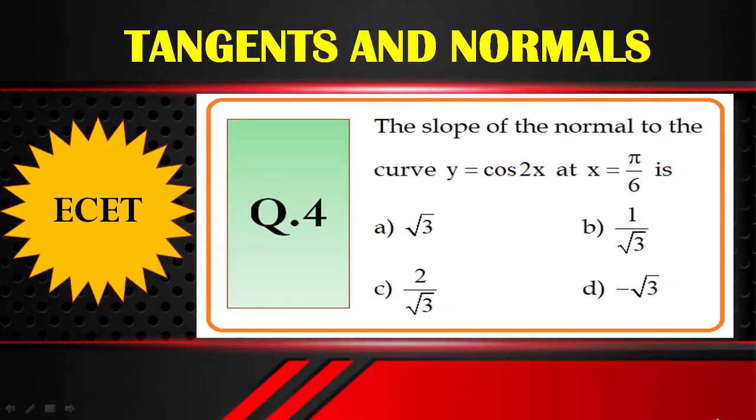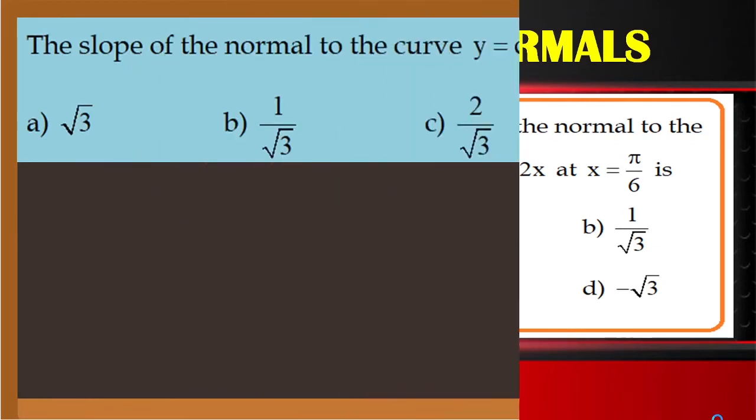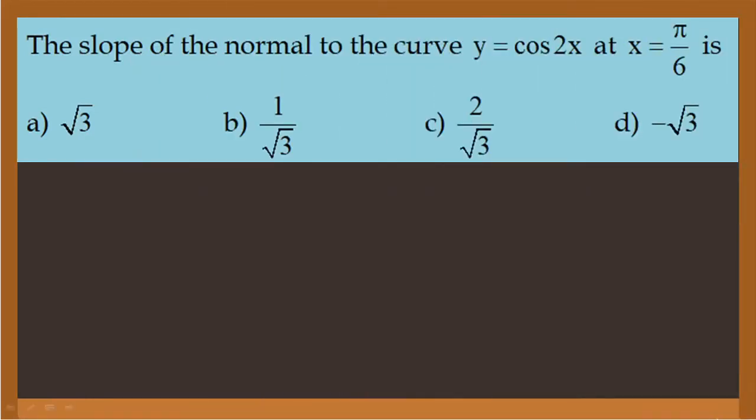Dear students, see the question number 4. Read the question and write it. The question is, the slope of the normal to the curve y is equal to cos 2x at x equals pi by 6 is, options are root 3, 1 by root 3, 2 by root 3, minus root 3.